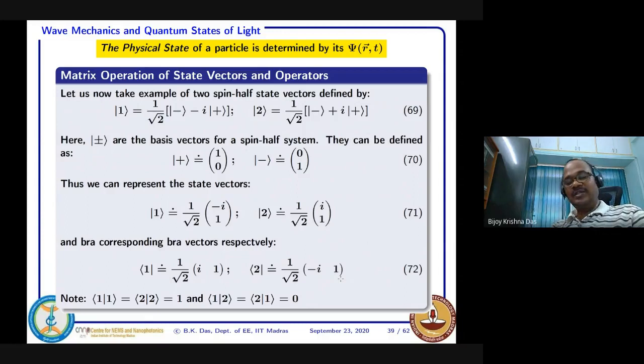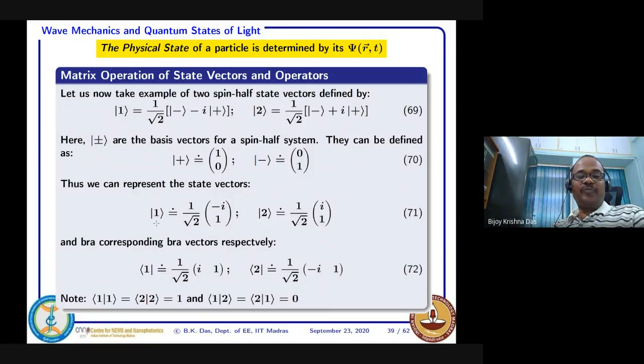Now, the interesting part: suppose in that spin vector space you have one vector represented as 1 and another as 2.